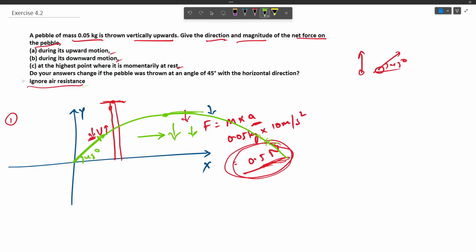Since we have to ignore the air resistance, there is no other force acting on the body, so it will have a motion in the x direction, which results from the x component of the velocity, since it is at an angle of 45 degrees. Now the force is acting in the same downward y direction of 0.5 Newton in this case also. Thank you.